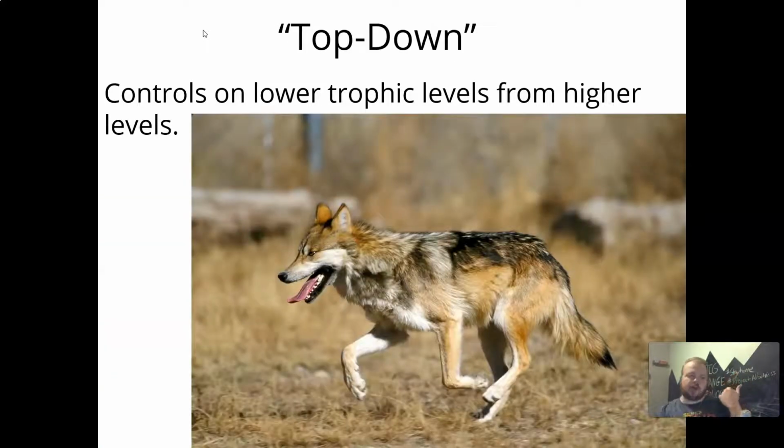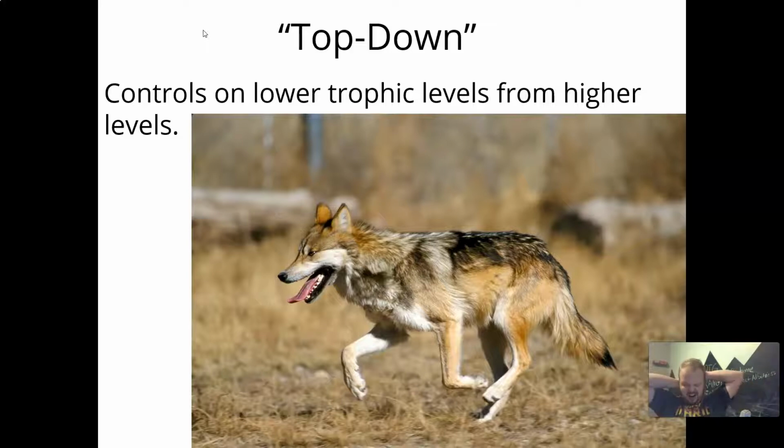Kind of. But top-down argues that the lower trophic levels would exceed their demand, and it would exceed the supply and over-demand on the producers, causing producer extinction or a dramatically reduced producer level. And they argue that a top-down approach keeps that effect at bay.